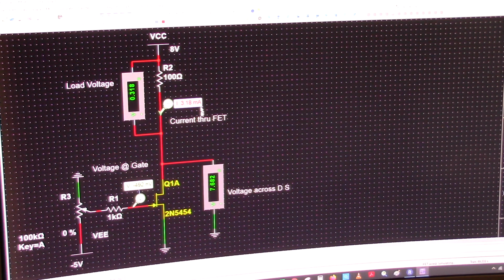And when it's conducting fully, I have about 3 milliamps. And I have 300 millivolts across this resistor. Remember that this current going through this resistor will be the same current going through the transistor to ground.